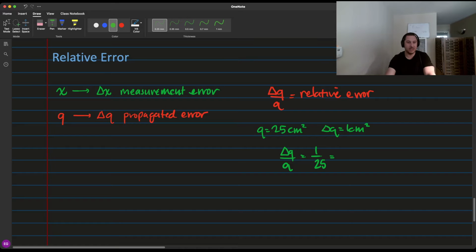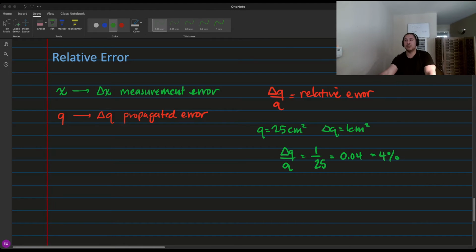What is 1 over 25? 1 over 25 is 0.04, which is 4%. What that means is that the area we calculated as 25 square centimeters, we think we're off by as much as 1 square centimeter. That means we're expecting to be off from the actual value by up to 4%.